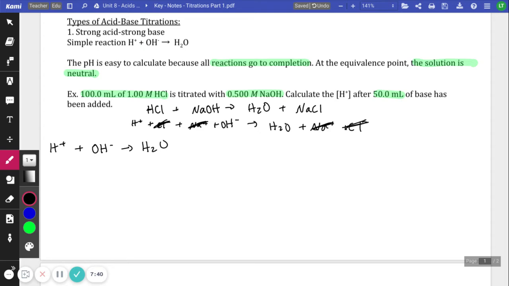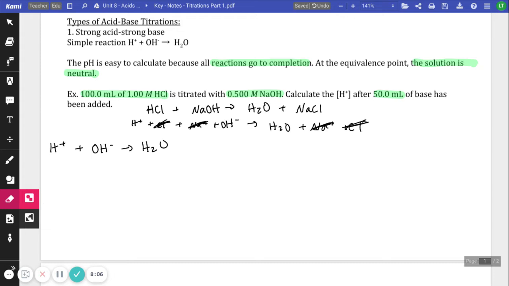I don't really care about the sodium and the chlorine because they're not actually participating in the reaction. They're just spectator ions. I wanted to show you how that is derived and make sure we understood that for a strong acid and strong base, this should always be your net ionic equation: H+ plus OH- yields H2O.